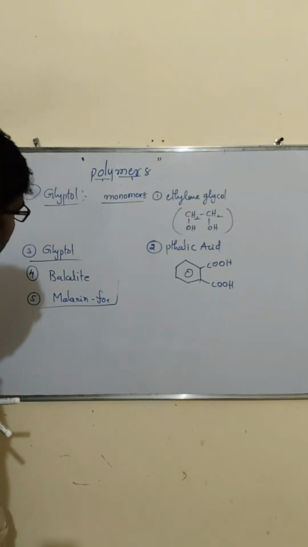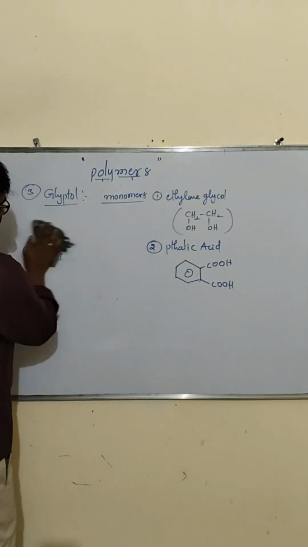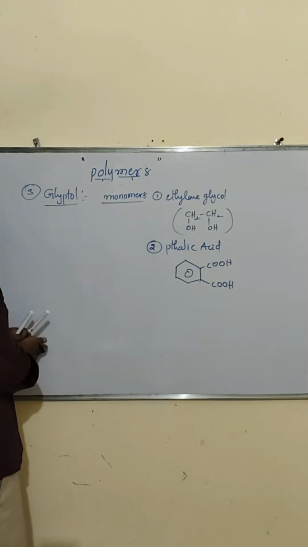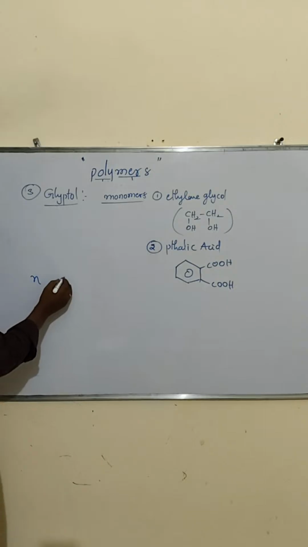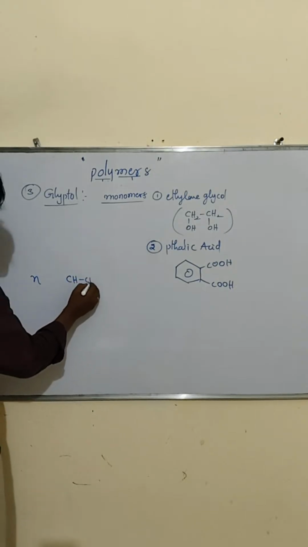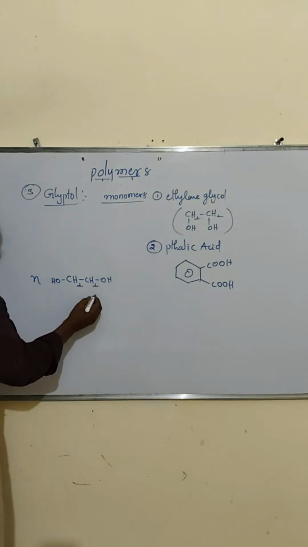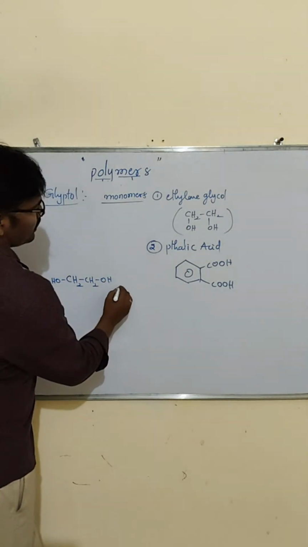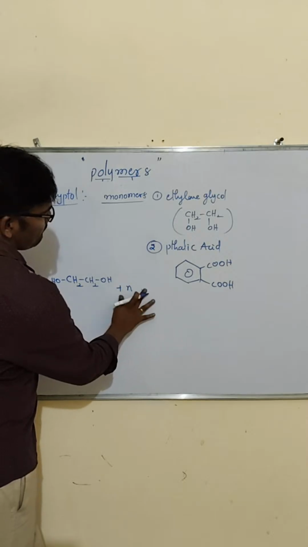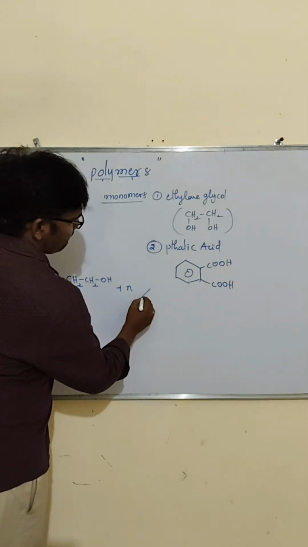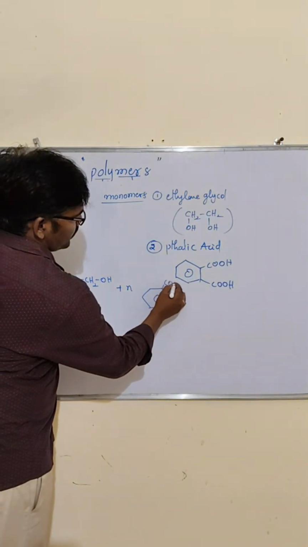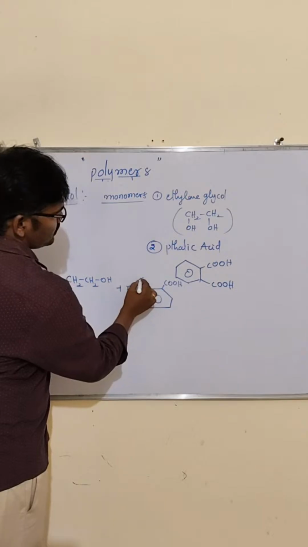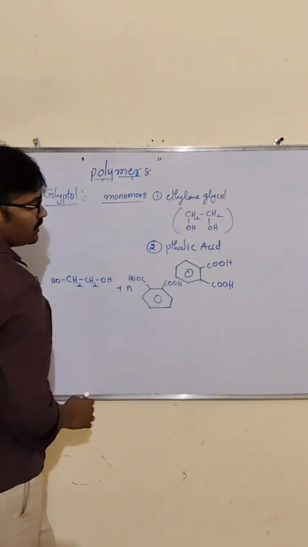Next, when both are connected with one another: first we take n moles of CH2 bond OH, then bond OH, plus n moles of COOH, then bond COOH, right?